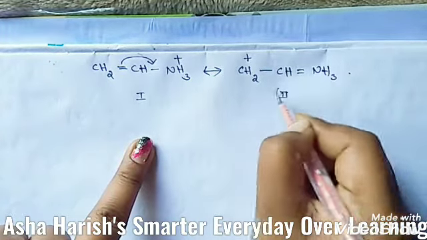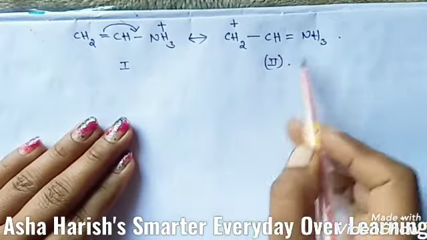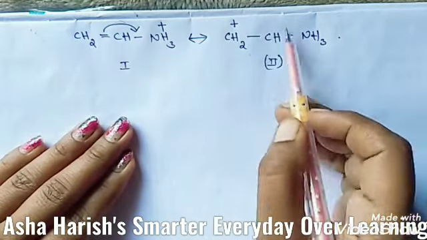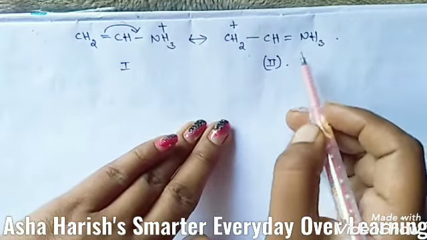This is the second structure, structure 2, and it cannot be considered as a resonance structure since it violates the octet rule, because nitrogen has 10 electrons in the valence shell.